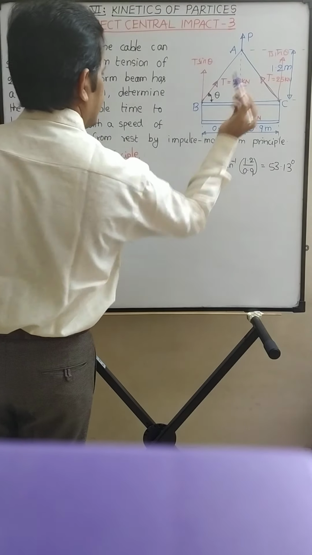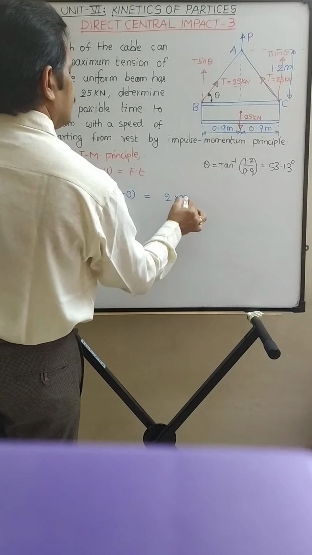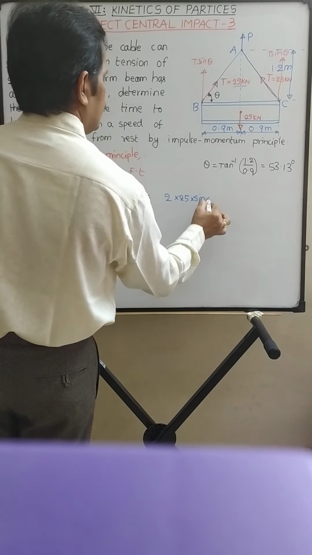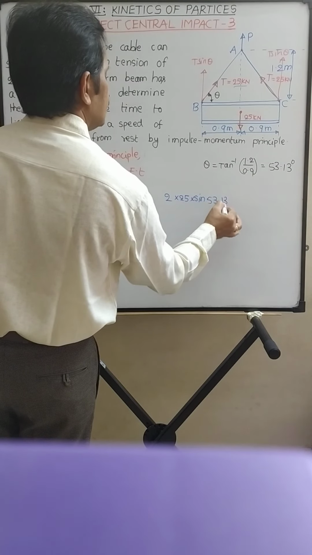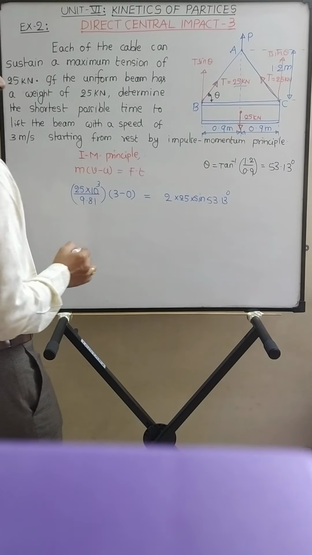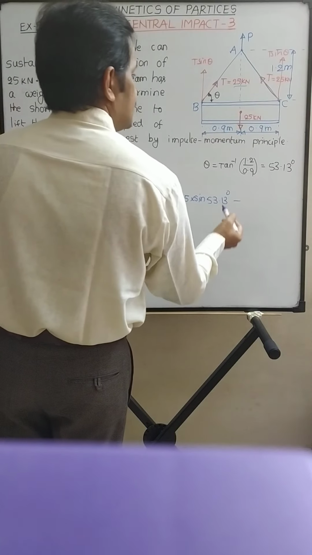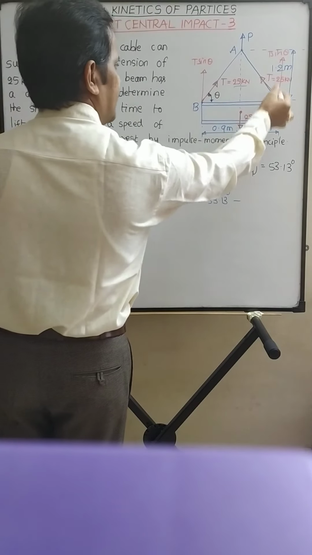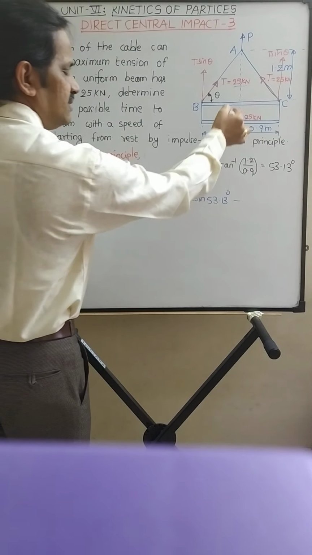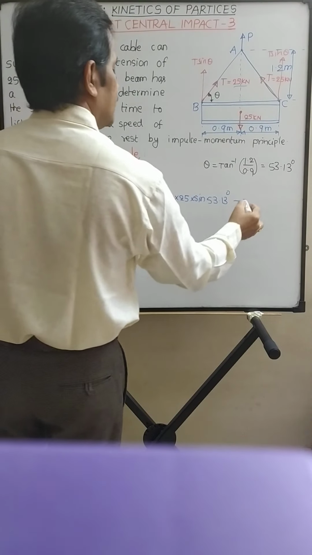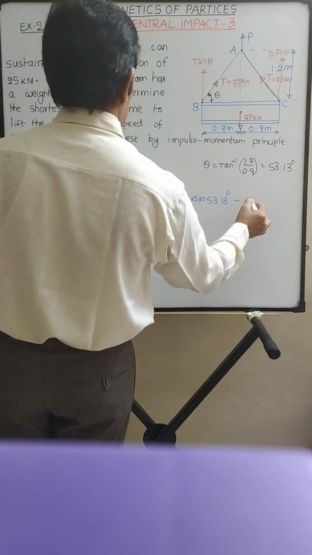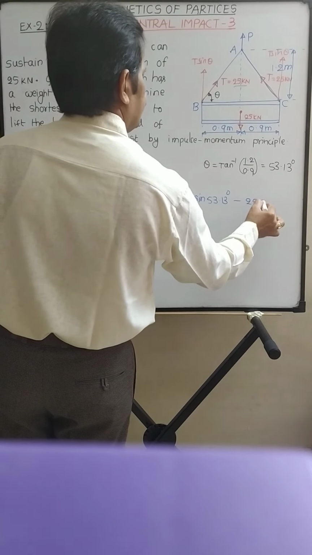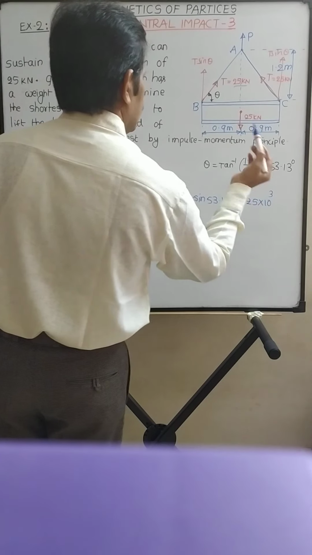T is equal to 25. 2 into 25 into sin theta, that is 53.13. Right? Minus this gravitational force is acting downwards. Seeing T sin theta acting upwards, we have taken positive. Then the gravitational force is acting downwards. So it is minus 25 into 10 raised to 3.